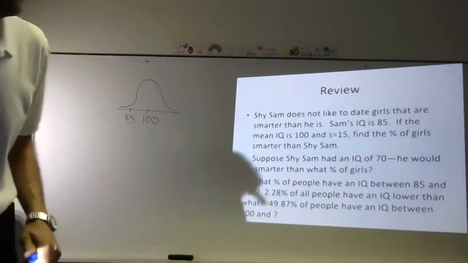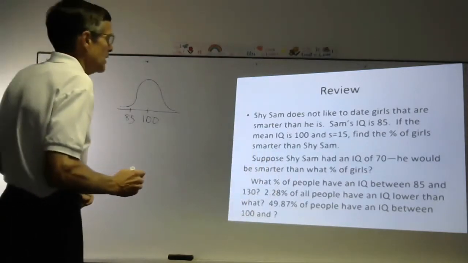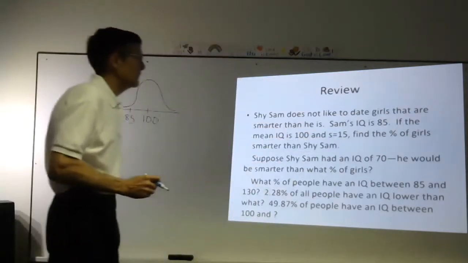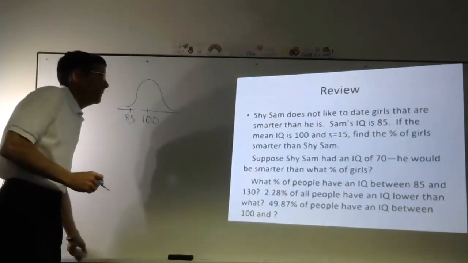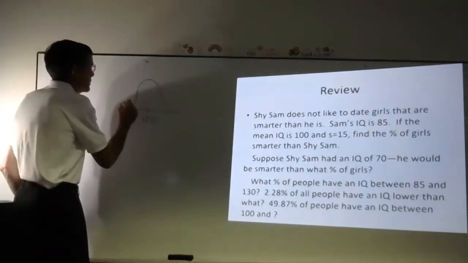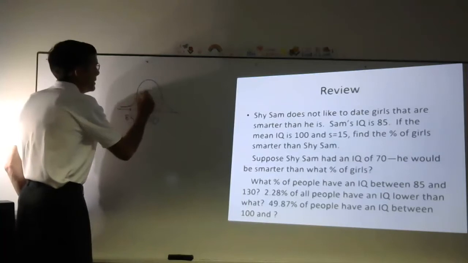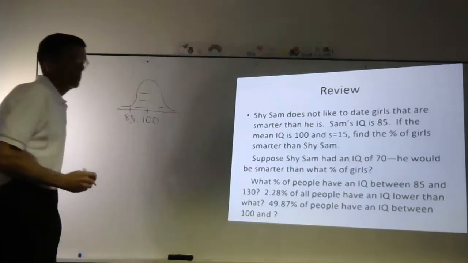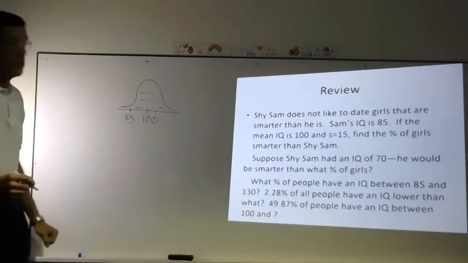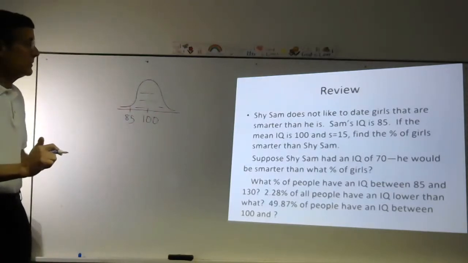Everybody see that? All right, sample standard deviation is 15, okay? Find the percentage of girls smarter than Shy Sam. So what we are looking for right here is this region. These are all the girls from here over that are going to be smarter than Shy Sam.